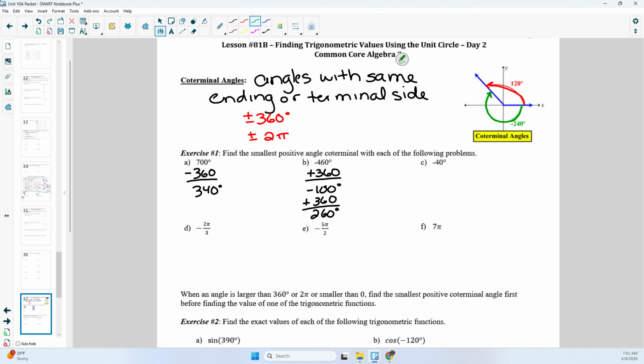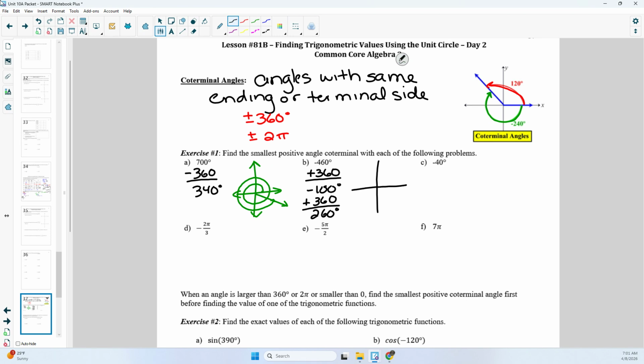So just to draw a picture of this, an angle of 700 degrees would go more than once around the circle, and now we know that it ends over here where 340 is. So I don't really know where 700 is until I find that coterminal angle, and then I have an idea where it is.